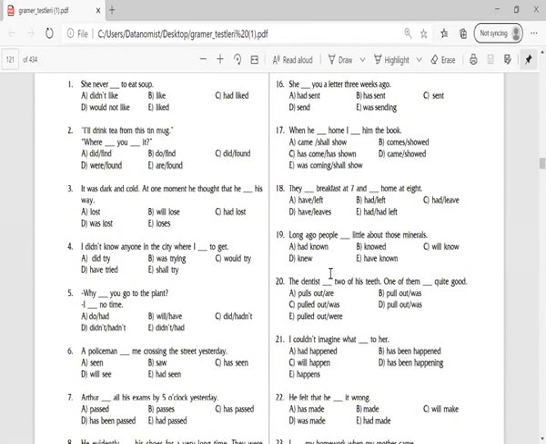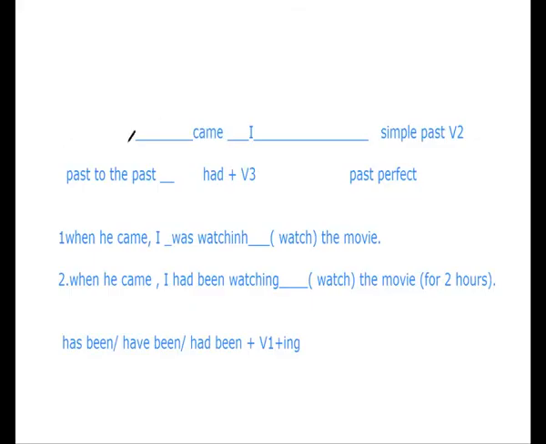And remember this, guys. I want to tell you one point here. Check it out. The point is this. Look at this.